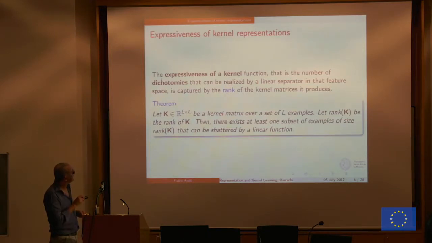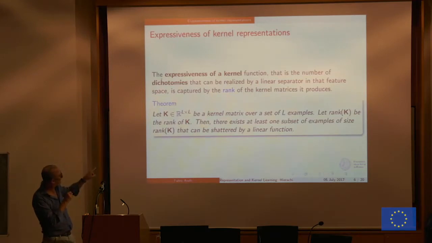For example, you can show that if a kernel matrix K has rank equal to rank K, then there exists at least one subset of examples of size rank K that can be shattered by a linear function.